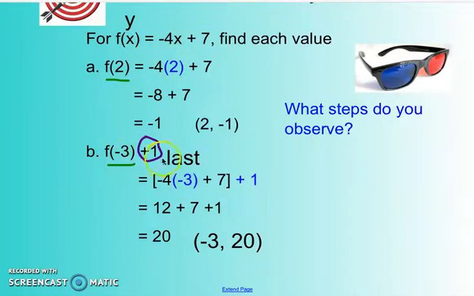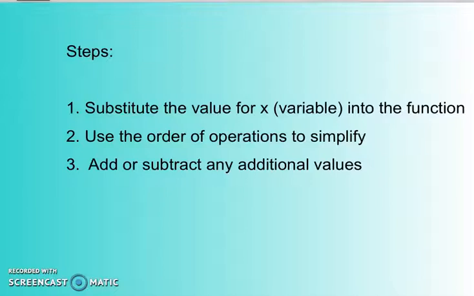And then we evaluated. But on this problem, there was something that we did differently. Correct. We added on whatever was extra. Okay, sometimes it's addition, sometimes it's subtraction. Actually, we could even multiply or divide. So we need to be careful that we look for that. So here are the steps again.